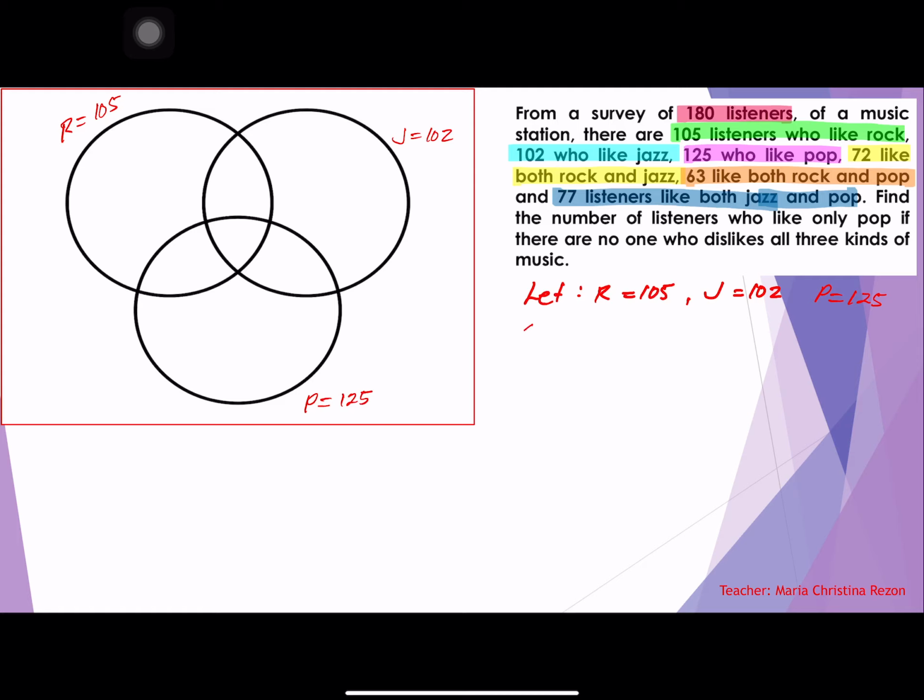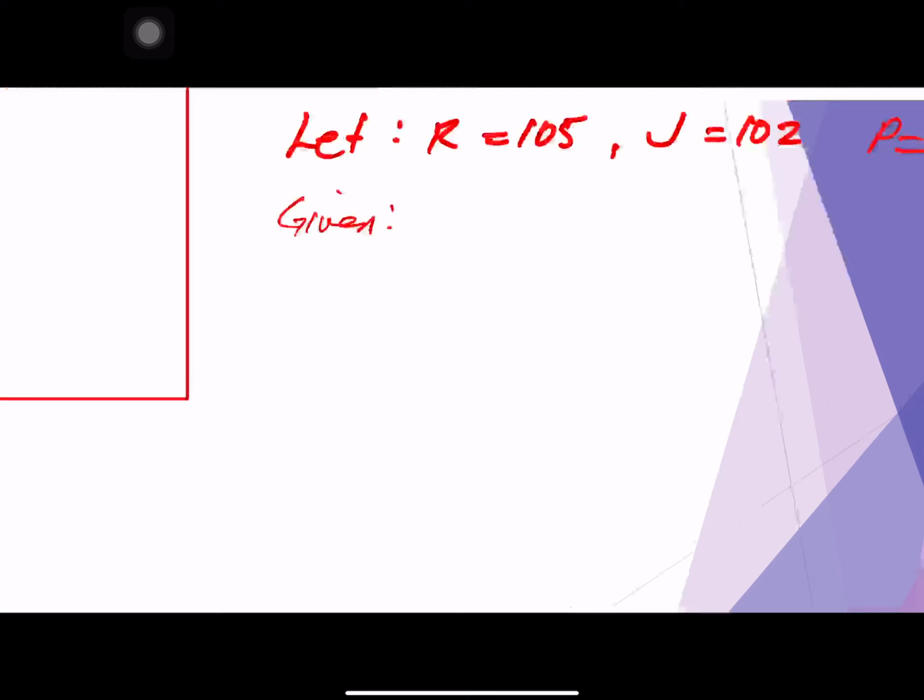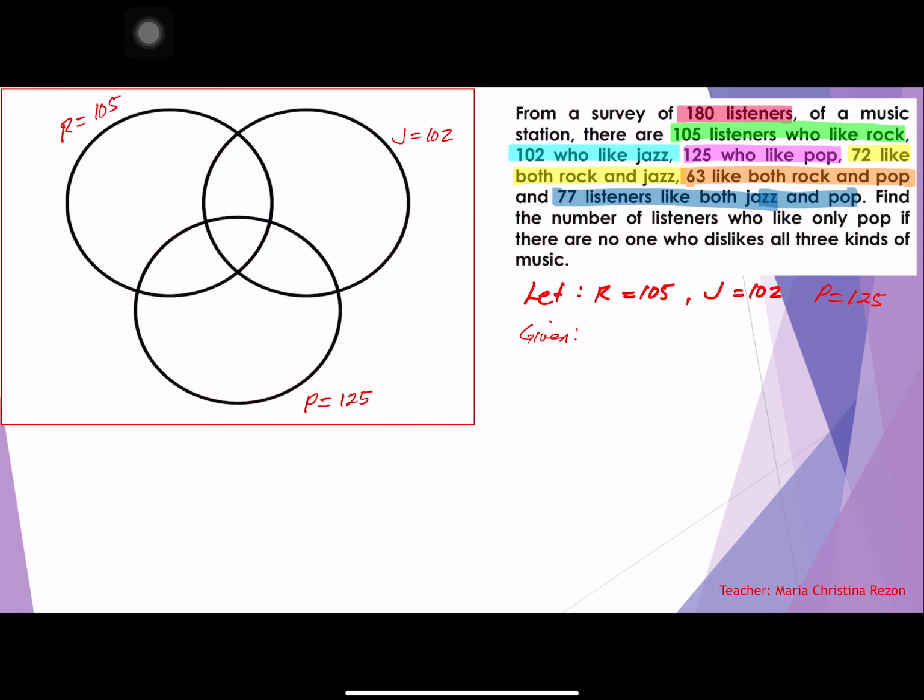The given in our problem is 180, and that is n of R union J union P, which is equal to 180 listeners.